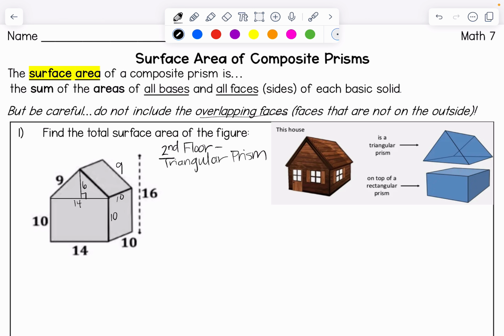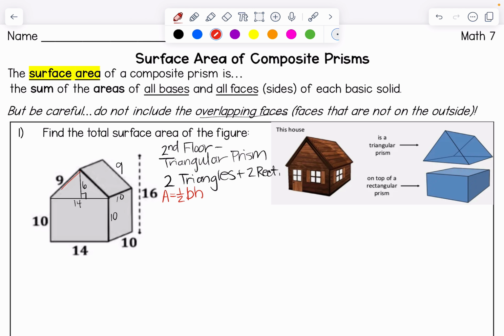Because I'm not going to worry about the bottom, since it's sitting on top of that rectangular prism, for the second floor I have 2 triangles and 2 rectangles. So for my triangles, I need to figure out the area. Again, we use our area formula: A equals 1/2 base times height.